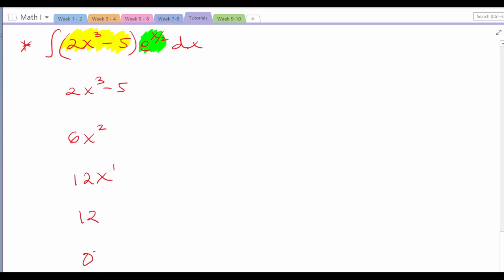The other term is, in this case, e to the power of half x, or x over 2, which will be integrated. If we have e to the power of 2x, the integral of this will become half e to the power of 2x, meaning 1 over the coefficient of x there.